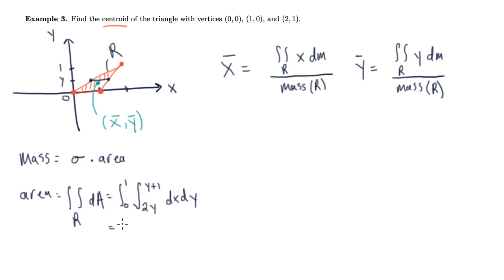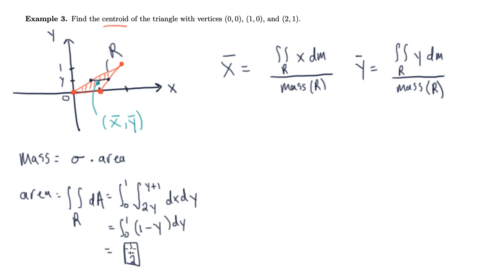Okay, so this is 0 to 1 of, let's see, y plus 1 minus 2y, so that should just be 1 minus y. Okay, but this is just going to be 1 minus a half, so 1/2 is the area of this triangular plate.